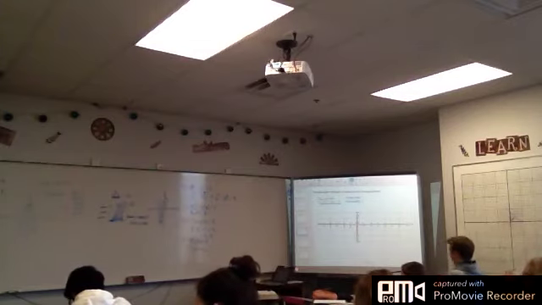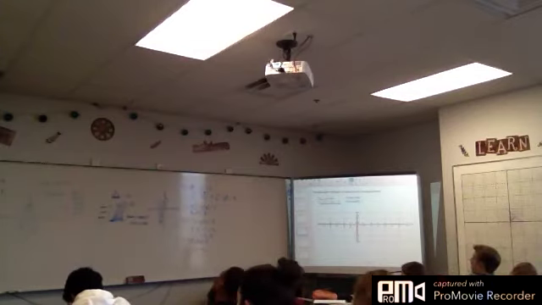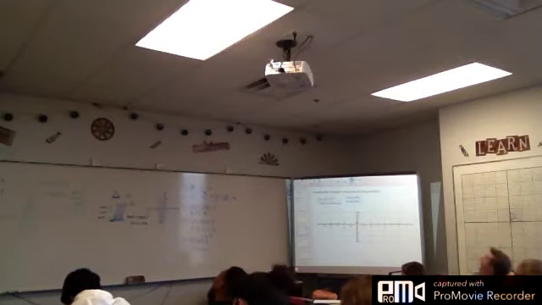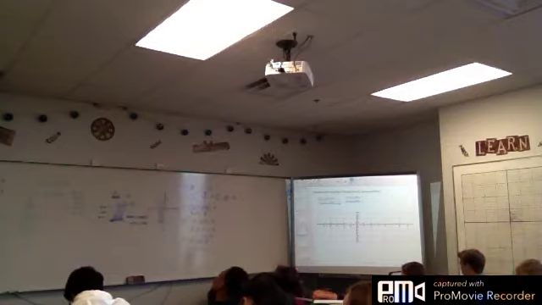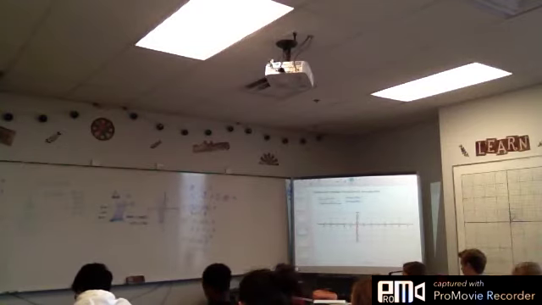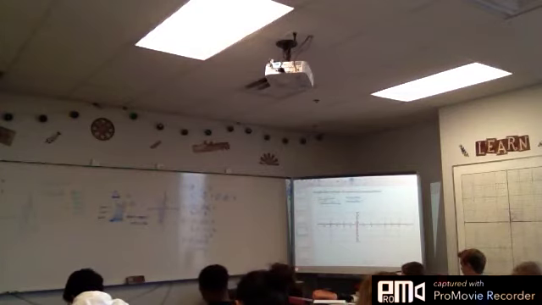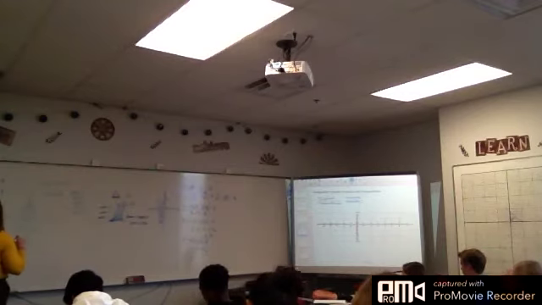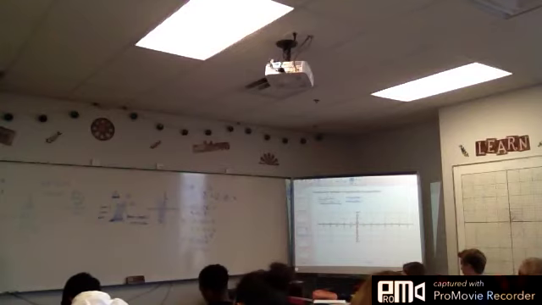Then I plug it in. 1 squared minus 2 times 1 minus 3. 1 minus 2 minus 3 gives you negative 4. So 1, negative 4 is my vertex.